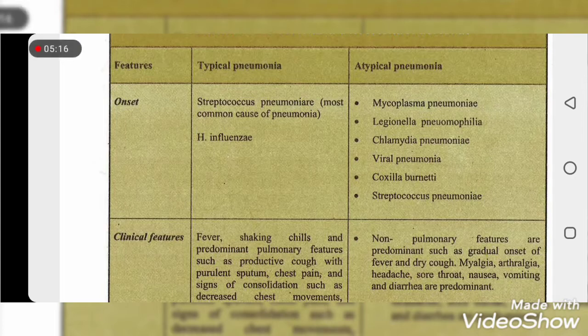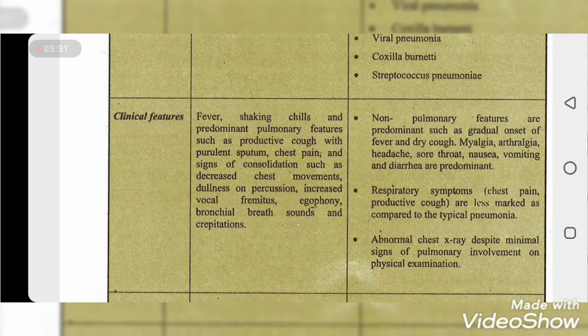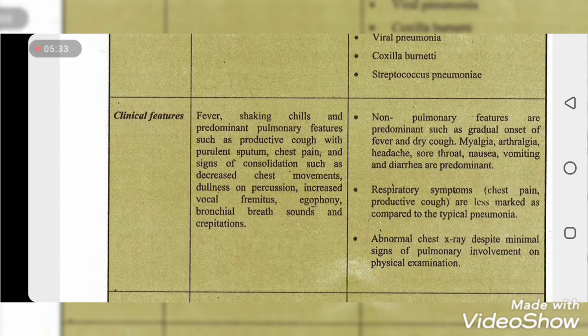Atypical pneumonia is mostly caused by Mycoplasma pneumoniae, Legionella pneumophila, Chlamydia pneumoniae, viral pneumonia, and Coxiella burnetii. So what is the difference between typical and atypical? In atypical pneumonia, non-pulmonary features are predominant, such as gradual onset of fever and dry cough.